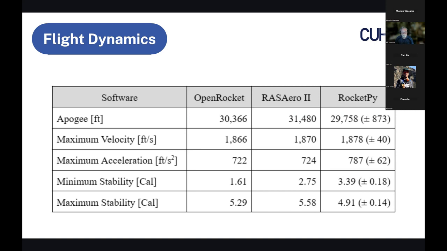Here are the simulation results from three software: OpenRocket, RASAero, and RocketPy. We found that all software have equal results with some slight differences, which we believe come from drag that some software may not calculate correctly.